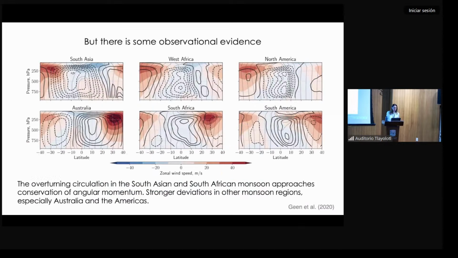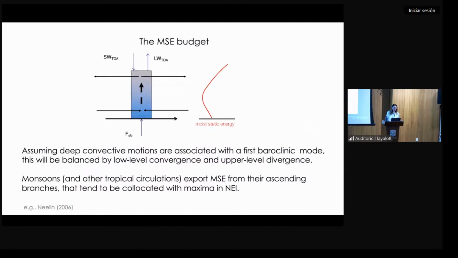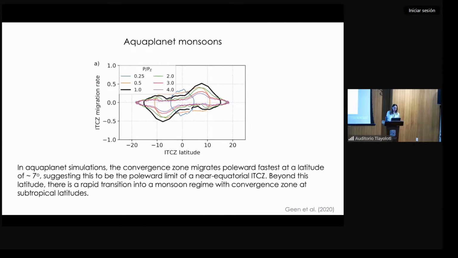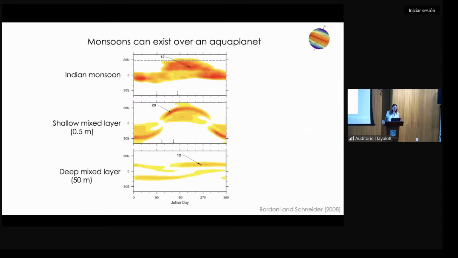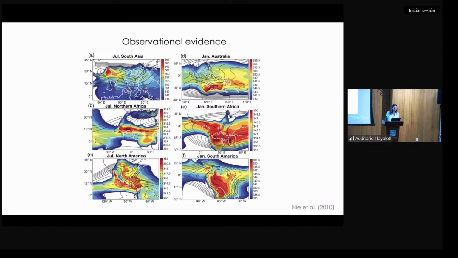Yep, so thanks for the question. I will actually let the experts here in the room give their assessment, as they know the literature better than I do. The one thing that I will say about the North American monsoon is that, for sure, I talked a lot about this view of monsoons as a cross-equatorial Hadley cell.